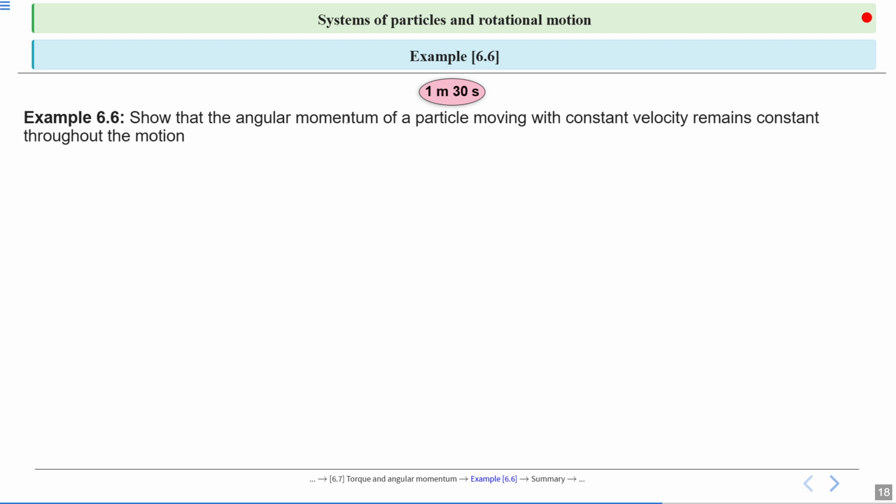Prove that the angular momentum of a particle moving with constant velocity remains constant throughout the motion.